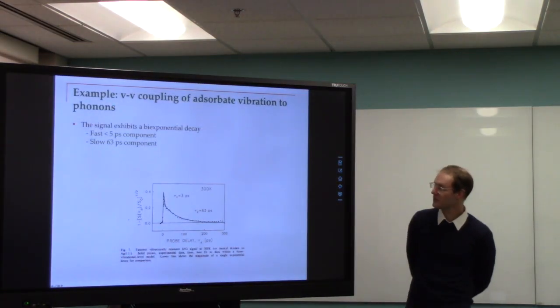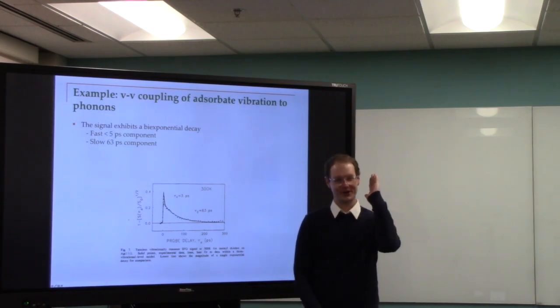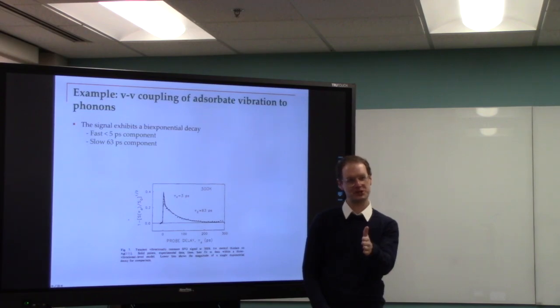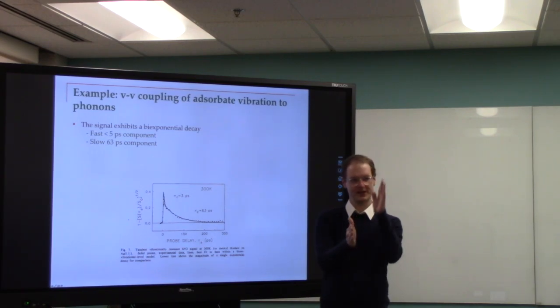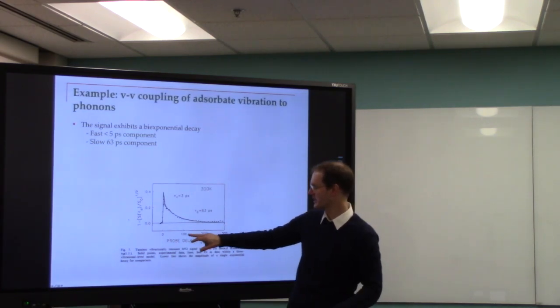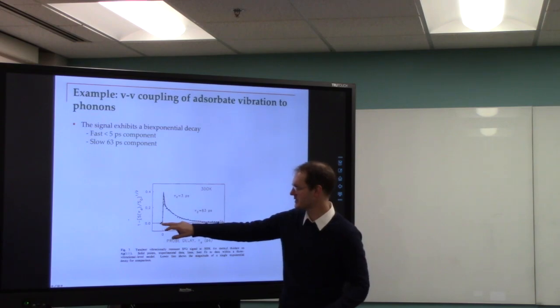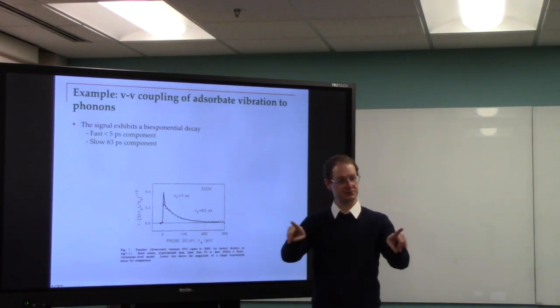But in the time domain, what's going on? If you park the infrared laser at a particular frequency, and then scan the delay time between the pump laser and the probe laser, then you can get a decay profile. And here's what the decay profile looks like. This is the sum frequency generation signal as a function of the delay time between the two lasers, right?